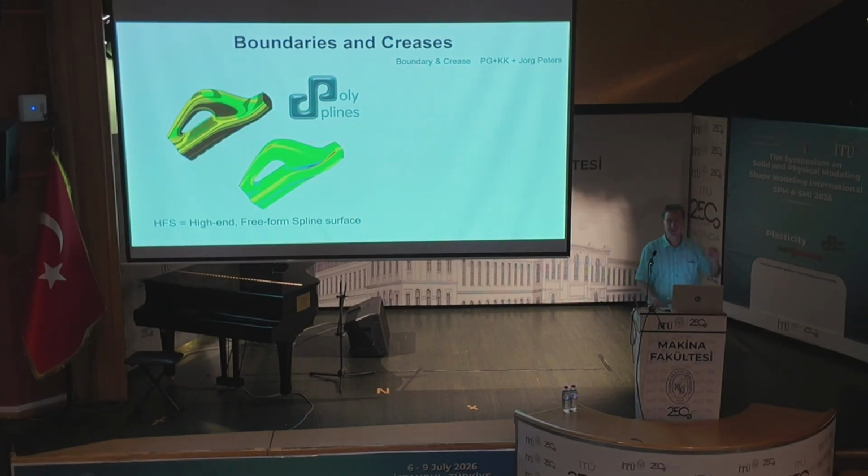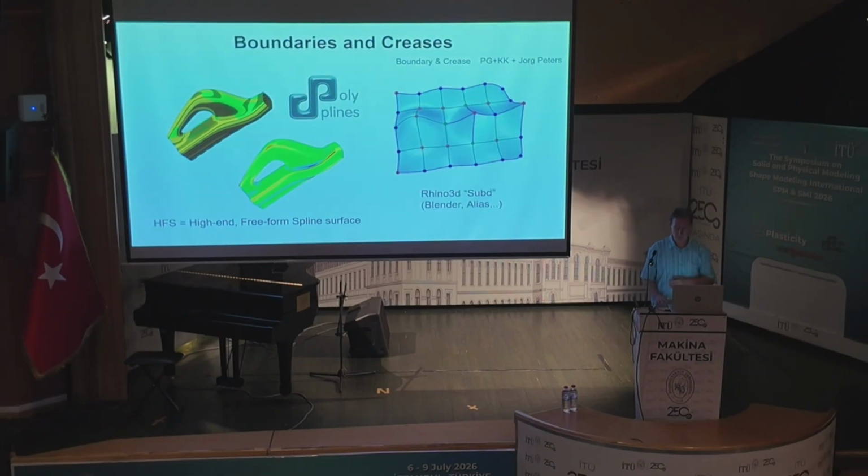But then someone comes in and says, hey, we can already do all these great things using subdivision, generalized subdivision, Catmull-Clark with bells and whistles. And in fact, most commercial packages have something.